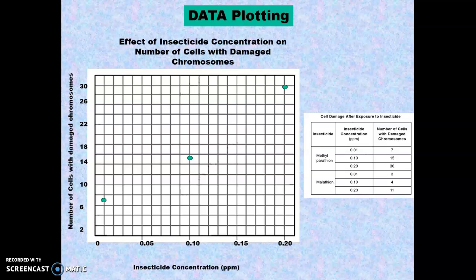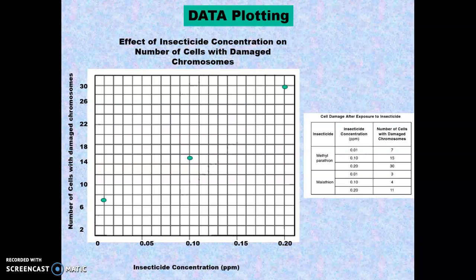Once it's plotted, the last thing is to be able to provide a trend line or a line of best fit, or in some cases, a curve of best fit. To determine whether it's a curve or a line, we have to look at the trend. What's going on? Does it look like it's curving? Does it look like we could have a single line that would go through the majority of the points, with maybe a few being on either side?